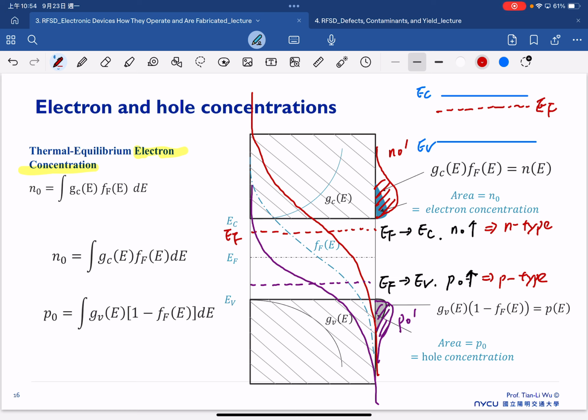So in the future, once you read the textbook or literature, everyone will only draw the band diagram with a simple EC and EV, but the EF will be either close to the conduction band or close to the valence band, and that suggests that this is a material more like the N-type or P-type semiconductor material. So that's the purpose why we need to apply the density of states or Fermi-Dirac distribution function.